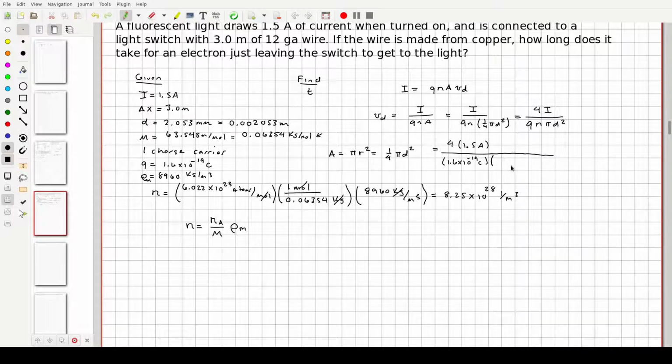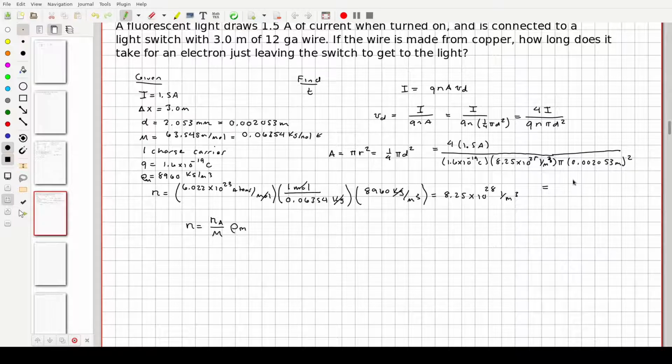Our charge density we just got, we have a pi there, and then we have a d squared, and d is 0.002053. So what's our drift velocity?